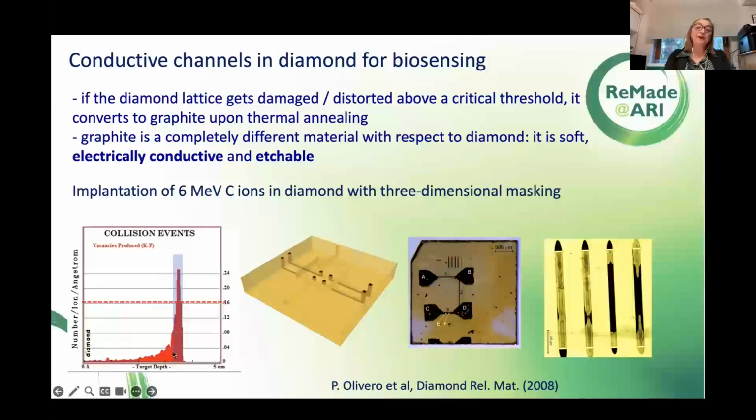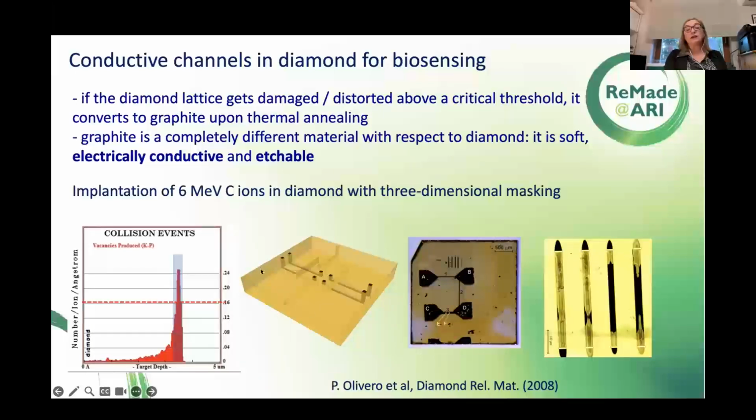So this graphite deep inside the diamond can be used then as a conductive channel, because you know that graphite is completely different than diamond and is conductive and etchable. So you can produce such devices for biosensing of single cells.